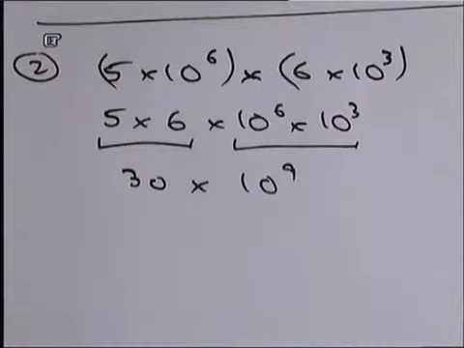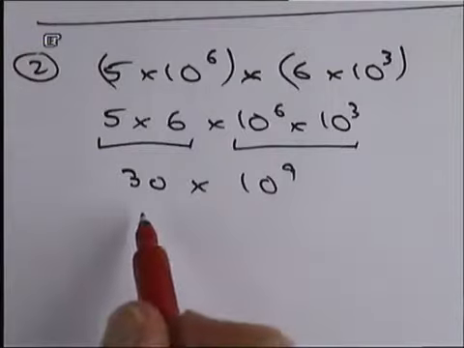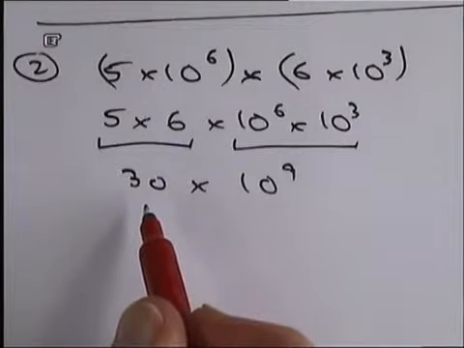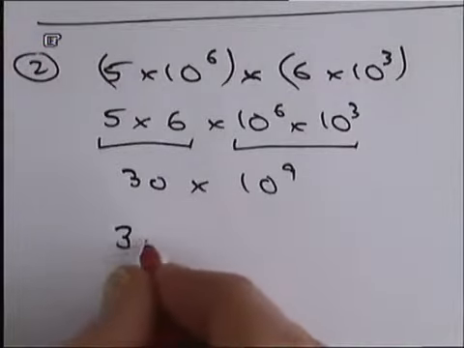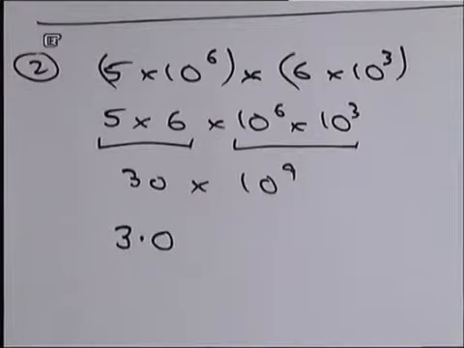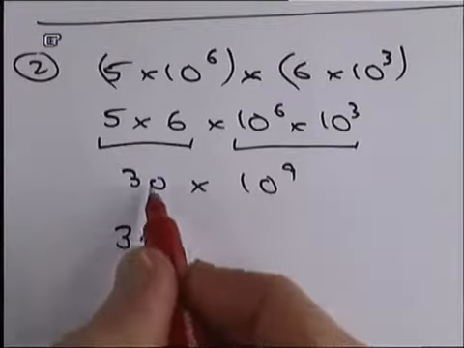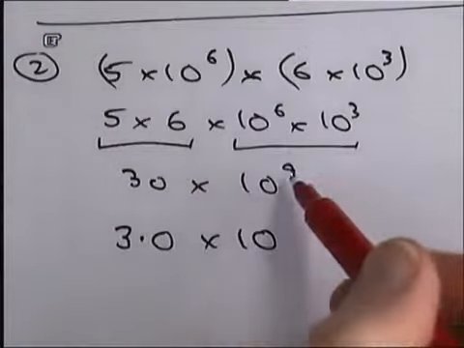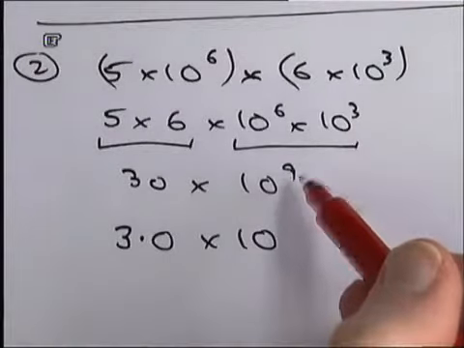And it's very tempting to think that's your final answer, but actually it isn't. Because in standard form, this number here has to be between 1 and 10, and 30 isn't. 30 is too big. I have to change that number to 3.0. And if I make this number smaller, to compensate, I need to make the power bigger.